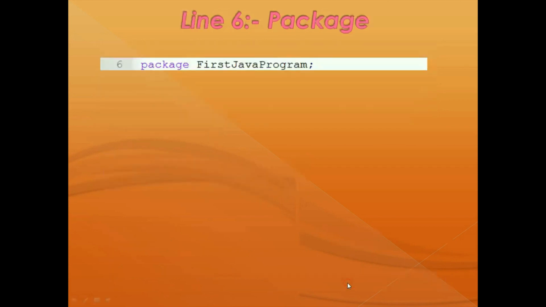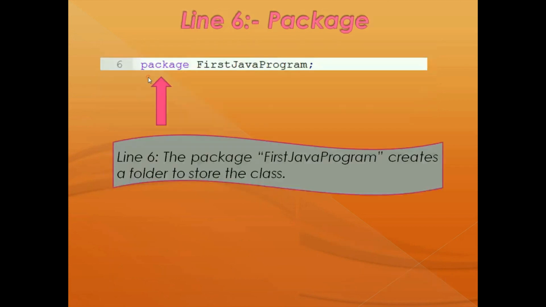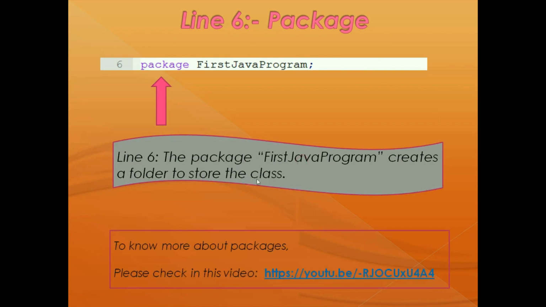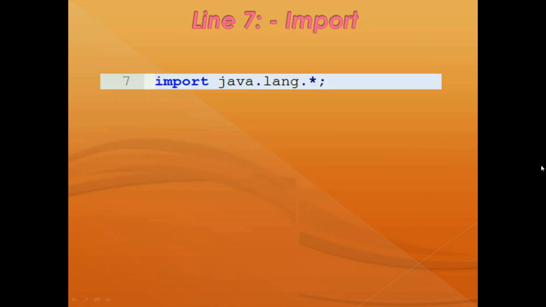After the multi-line comments, I have written package first Java program, which creates a folder to store the class file generated after compilation. After package creation, we have to import the required classes. For importing, first we have to decide which classes are needed in our program.